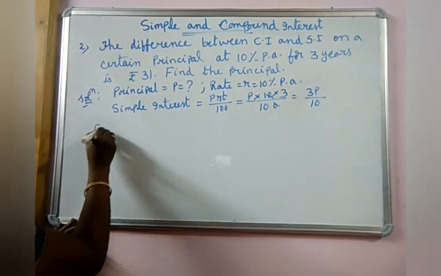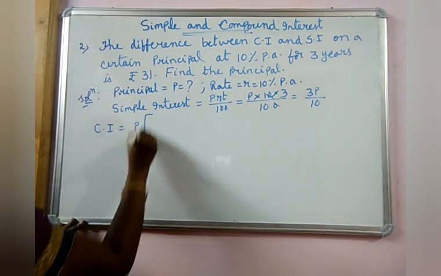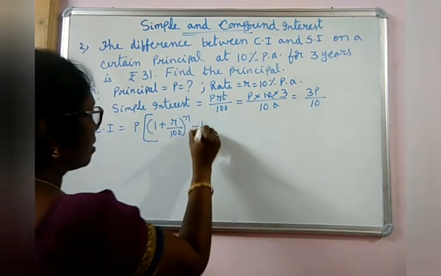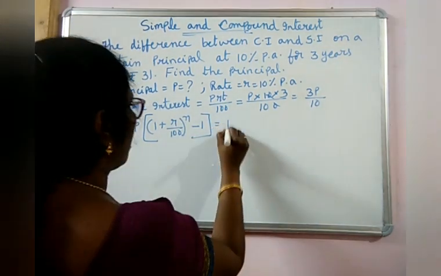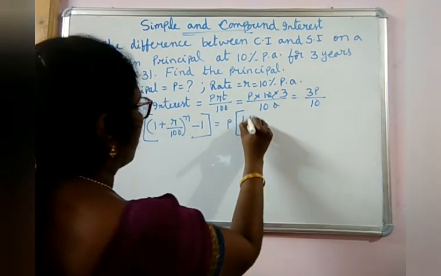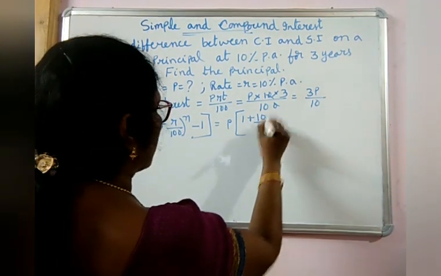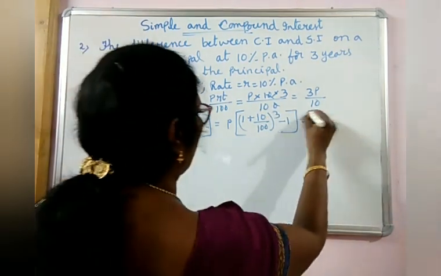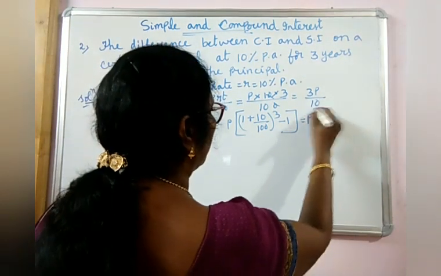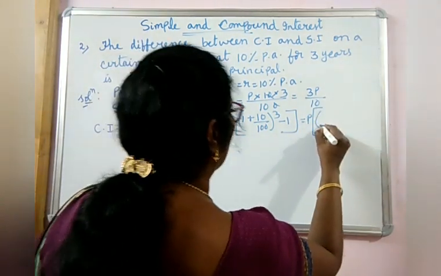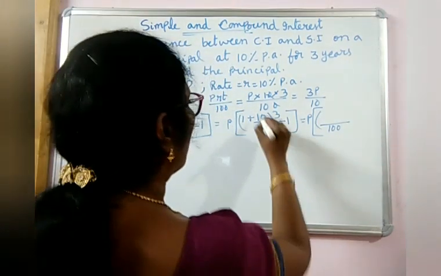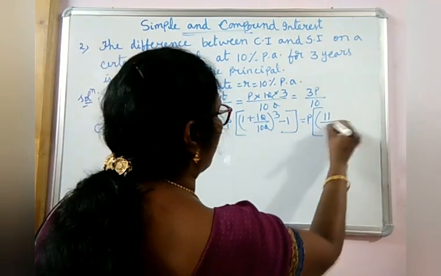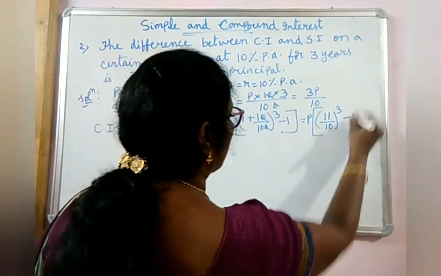Now let us find the compound interest. You know that the formula for compound interest is P into (1 plus R by 100) whole to the power n minus 1. P into (1 plus 10 by 100) whole cube minus 1. The zeros cancel. 1 plus 1 by 10 is 11 by 10 cube, minus 1.